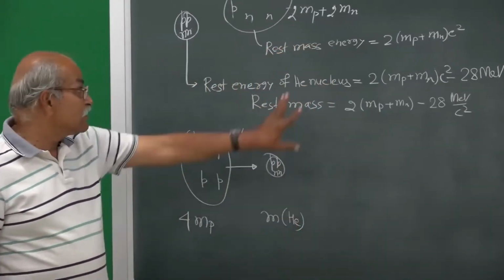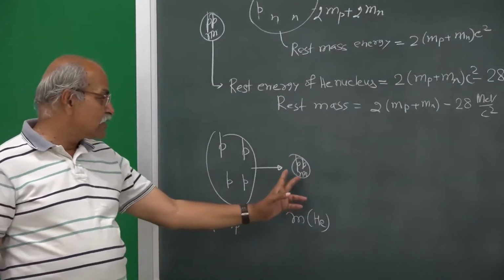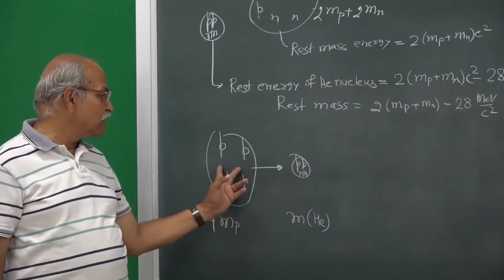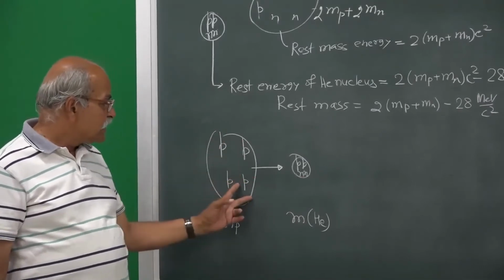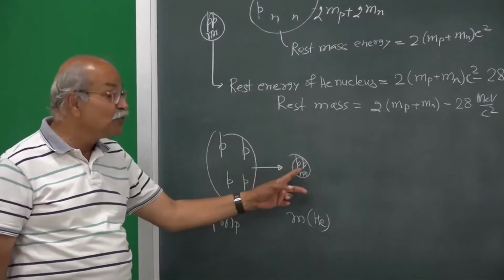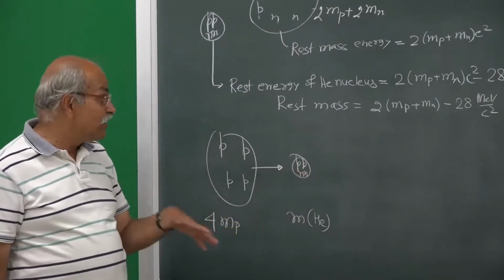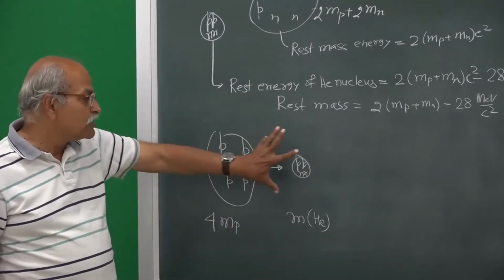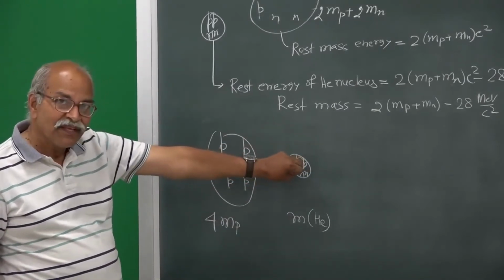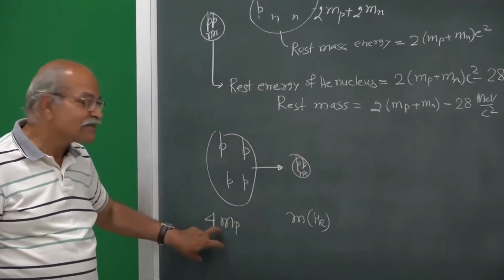So if I do not look at all these things, I would believe that this rest mass is more than this rest mass, because here you have all 4 protons and here you have 2 protons and 2 neutrons, and neutrons are heavier than protons. You may think this rest mass is more than this rest mass, but no, because of this bonding, this rest mass is less than this rest mass.